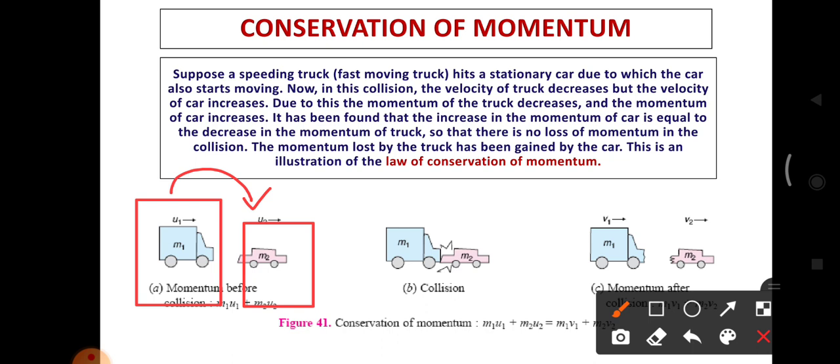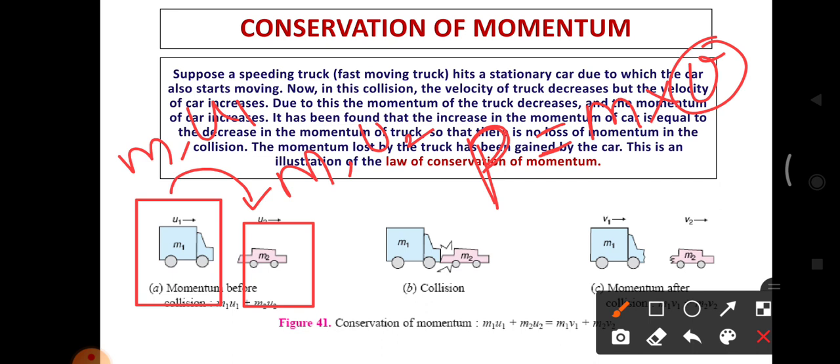Due to this, it has been found that there is an increase in the momentum of the car. So when the velocity is increasing, the momentum also increases, because P equal to m into v. Here v is the velocity. The velocity is directly proportional to the momentum.